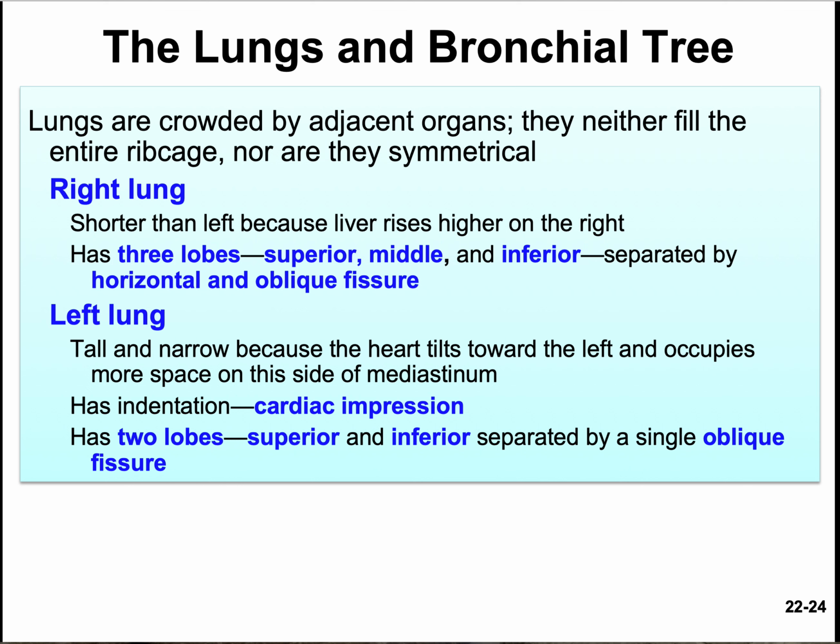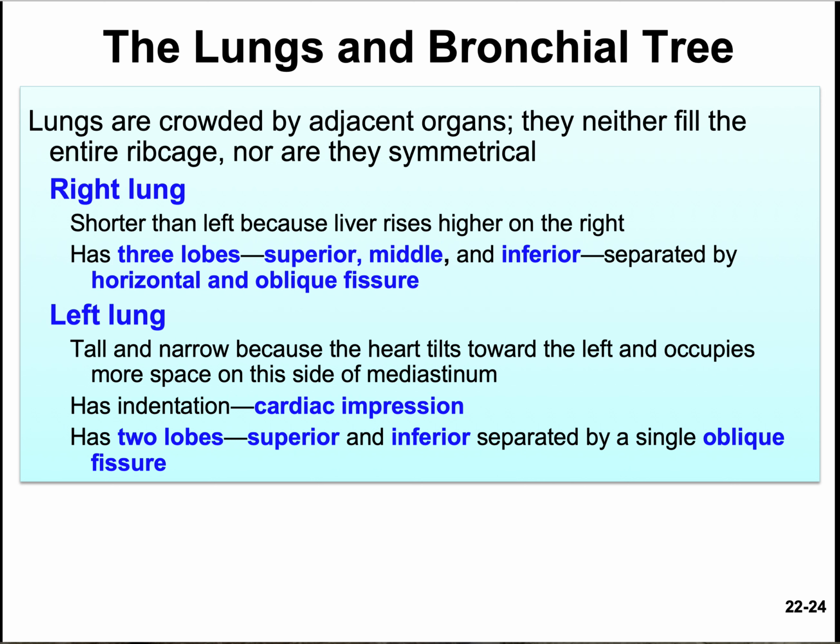Well, like fire doors, if you have lobes to the lungs, then if there's an infection in one of these lobes, it doesn't spread easily to the others. It can, but it doesn't. That includes cancer, any kind of tumor, any kind of response, maybe to fungal infections or something like that.